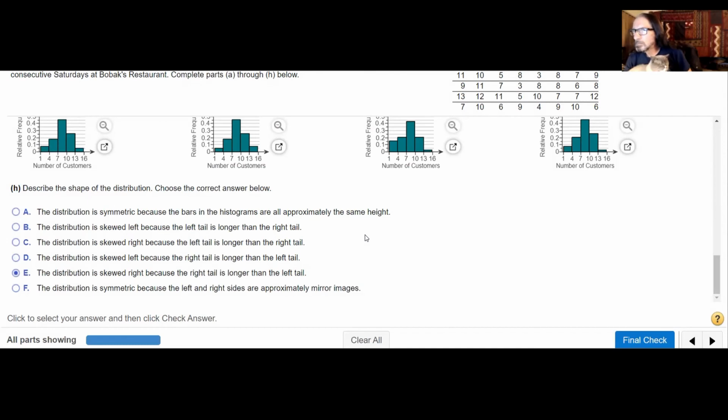Whatever it was, the 2 bars on the left of the peak and the 2 bars on the right of the peak, the total of those two wound up being the same.